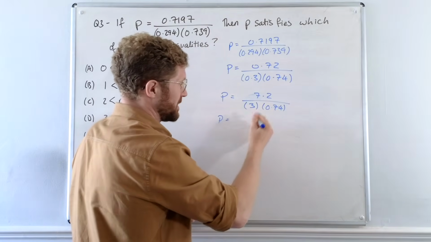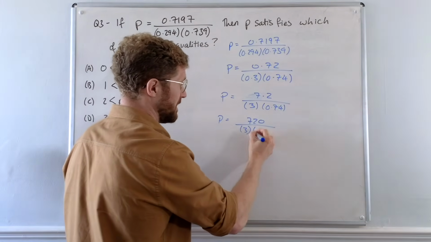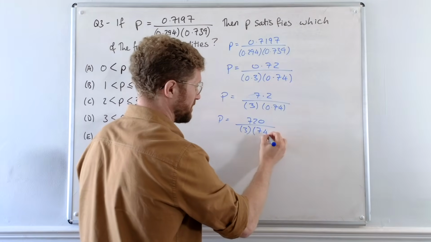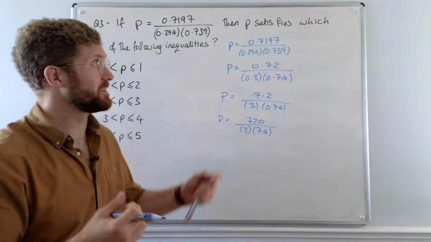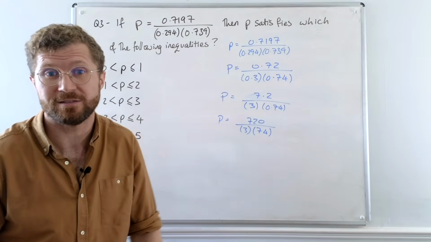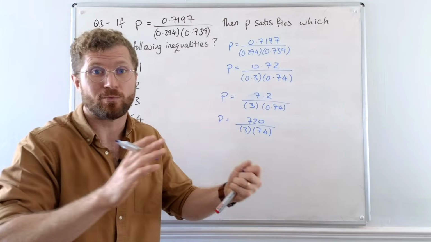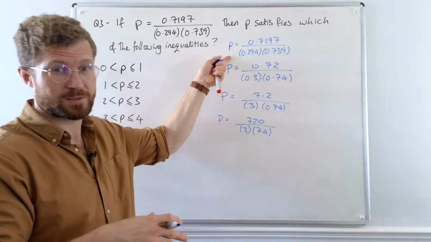Now top line, if I multiply that by 100, I'm going to get 720. I've still got the 3, and the 0.74 is now 74. And now we've taken something that looked horrendous up at the beginning, and it's still not nice. I still don't really want to do 720 divided by 74 divided by 3. It's still not wonderful, but it's much better than it was.